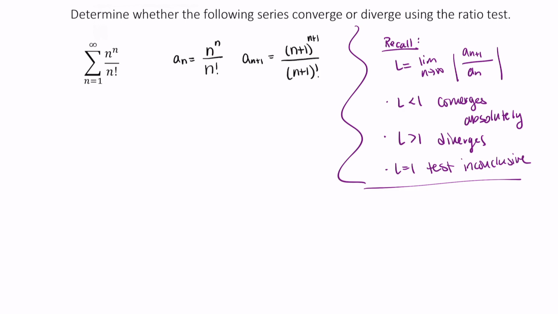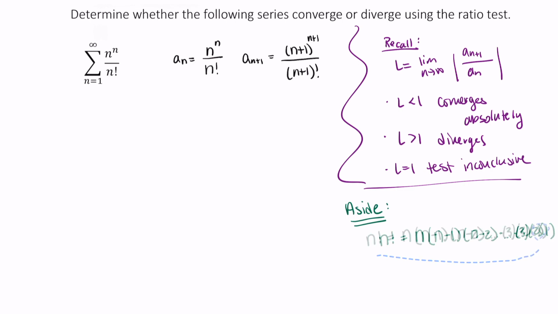And as a quick aside, if you are unfamiliar with factorial notation, this is just our number, so in this case n, multiplied by every integer less than it all the way through 1. So n minus 1 times n minus 2, and so on all the way to 3, 2, 1, depending on the size of this number.